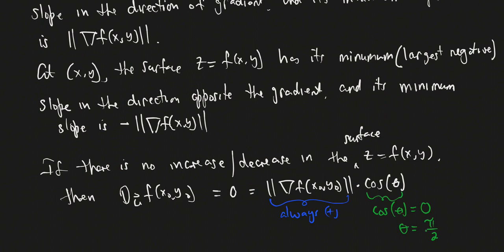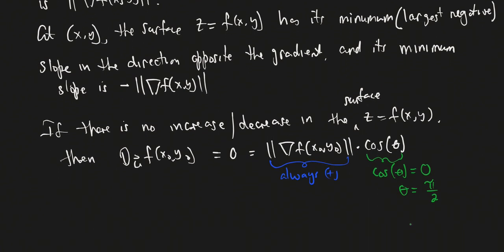So what this means is, if the angle between the gradient vector and your direction vector is pi over 2, which means they're orthogonal, then the rate of change of your surface will be 0. So let's write that down. Let's finish it. If there is no increase or decrease in your surface at that point, so your z value is neither going up nor down, what that means is your direction vector and your gradient vector would have to be orthogonal.